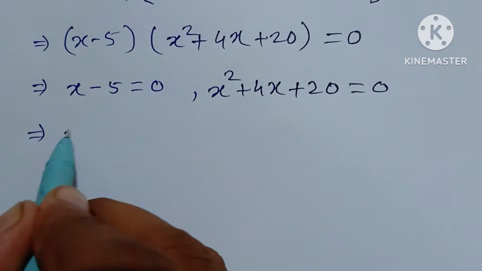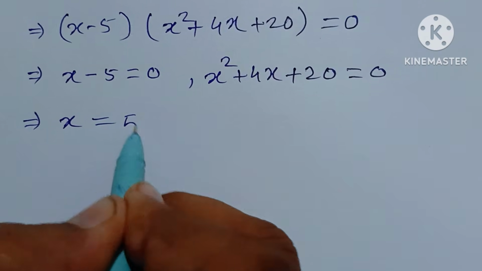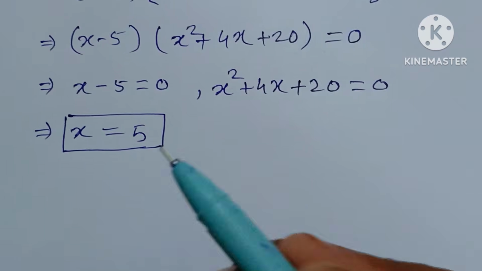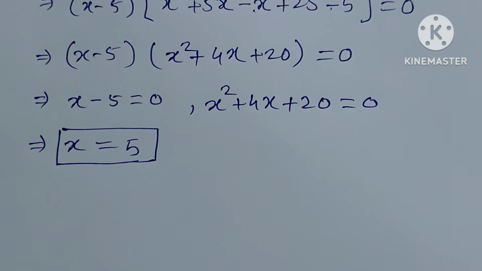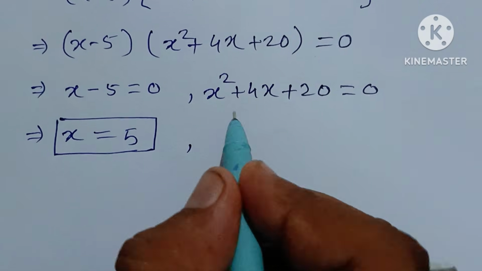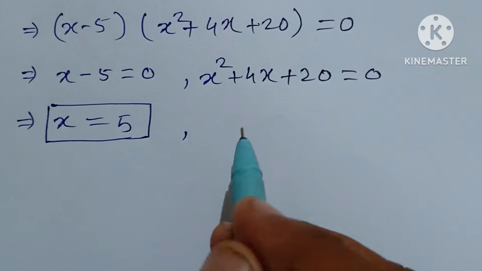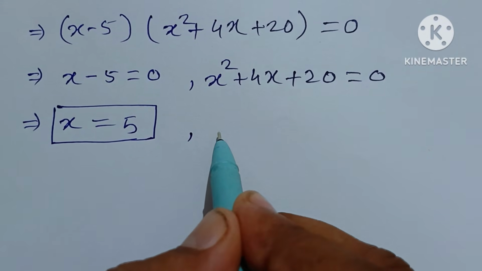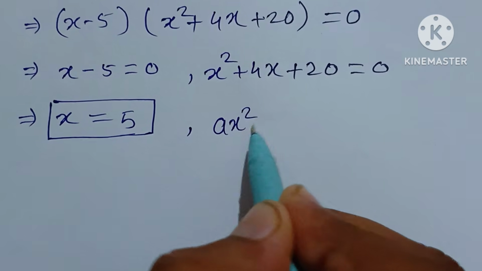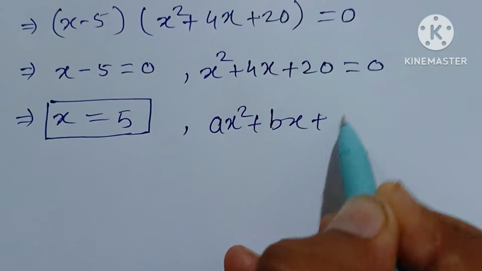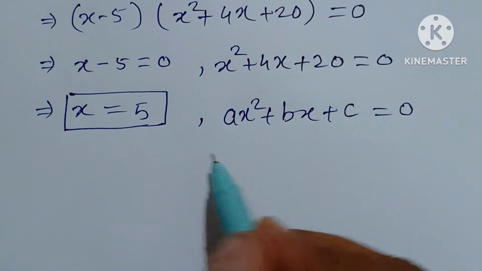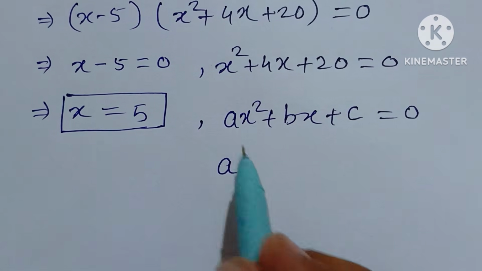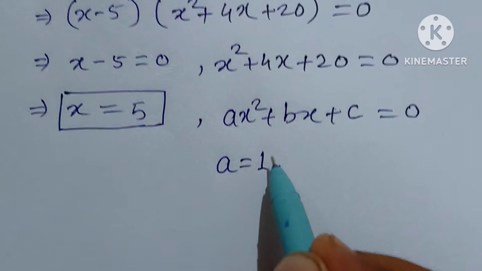Now x equal to 5. This is the real value of x. Now we will find the value of this one. Here we will compare with the quadratic equation standard form, ax square plus bx plus c equal to 0. Now a is the coefficient of x square, which is 1, so the value of a is 1.